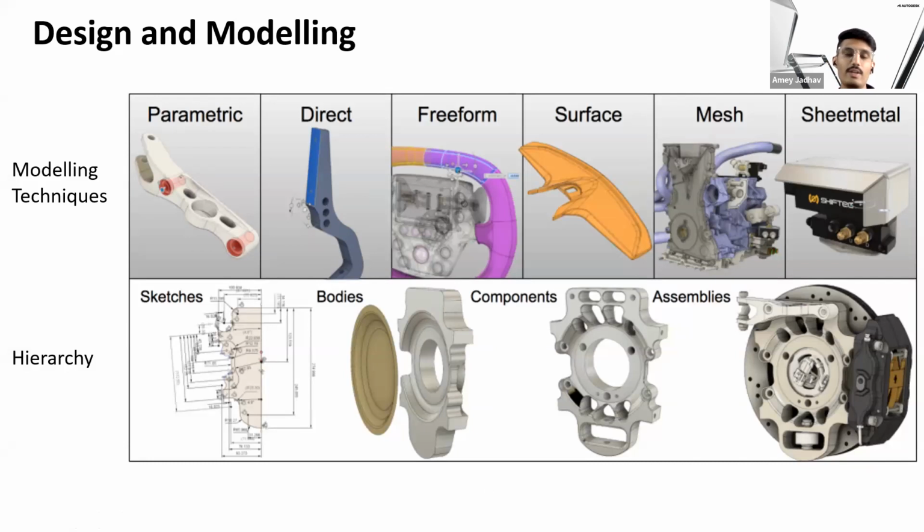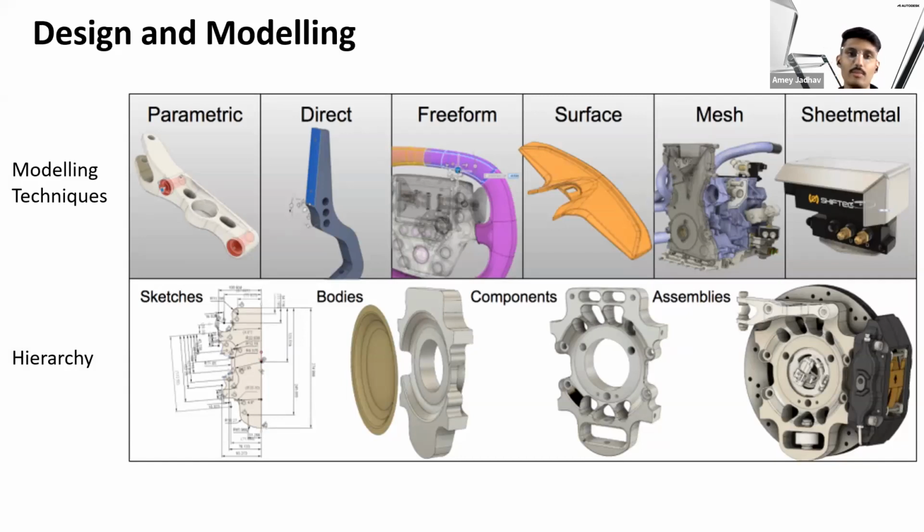Suppose your design is a circle of 5 mm, and after you have done the entire process, your drill, the fillets, everything, at the end you remember that the circle diameter was not 5, it was 10. You don't have to design everything from start to end. All you need to do is go to the previous circle sketch, edit it to 10, and done. Everything else, the software adjusts. You don't have to do anything.